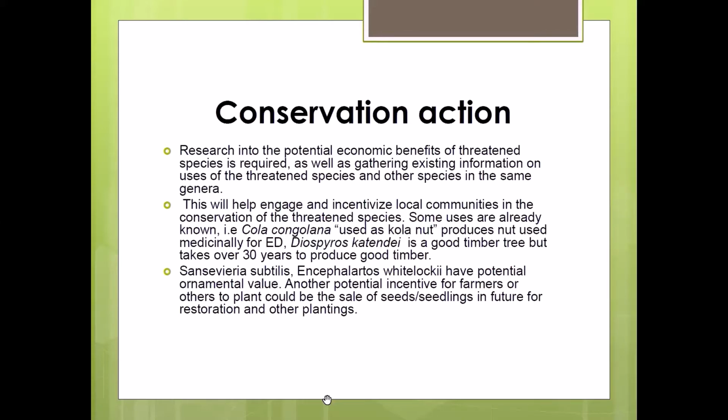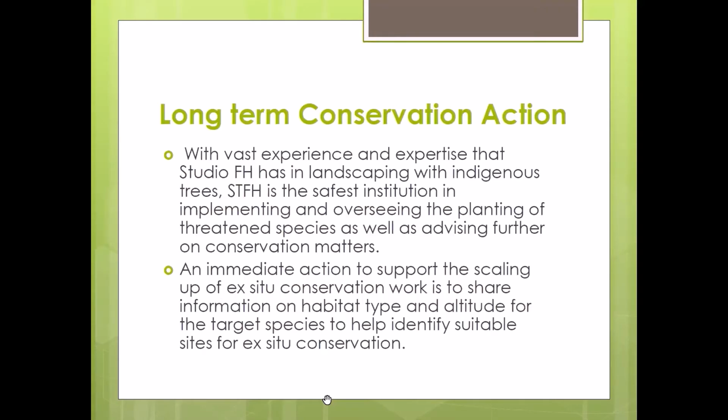Sansevieria subtilis and Encephalartos whitelockii have potentially ornamental value. Another potential incentive for farmers or others to plant could be the sale of seedlings in future for restoration and other plantings.